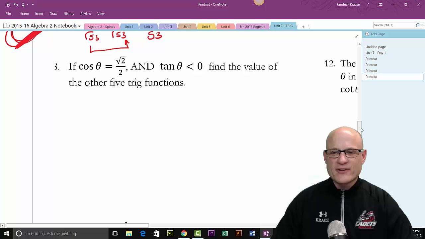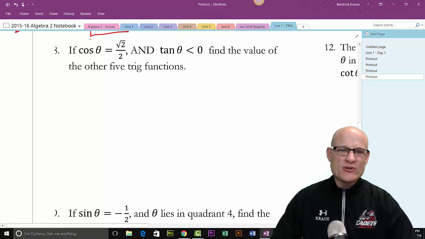Okay, you still got to figure out what quadrant you're in. I didn't give you a point, but I did tell you that cosine is positive, and tangent is negative. Let's see. Where is cosine positive?